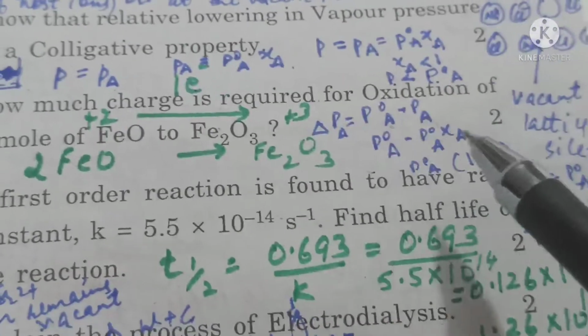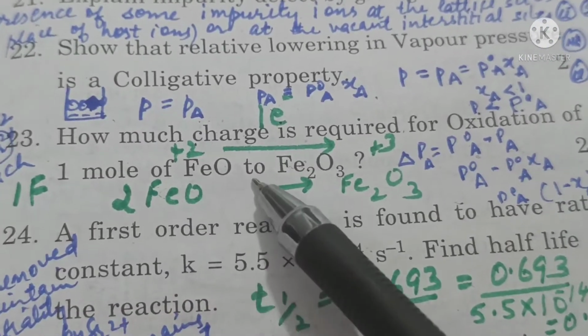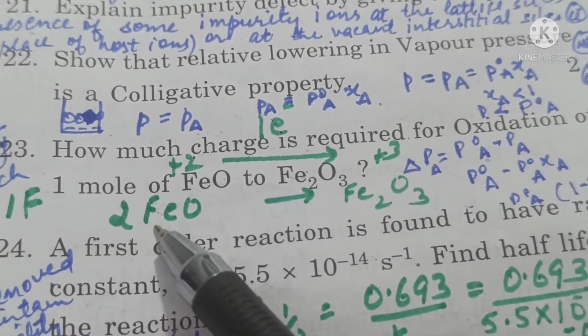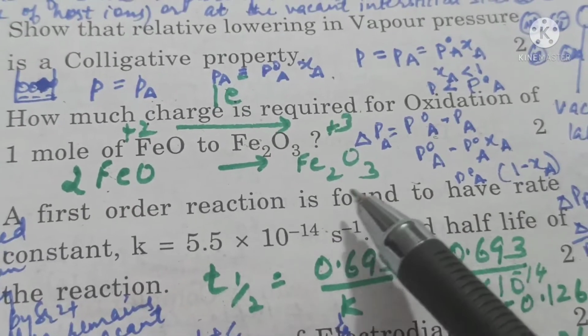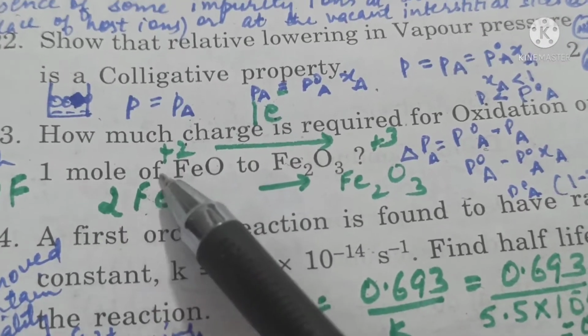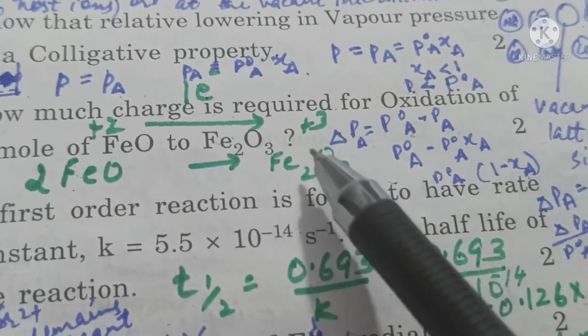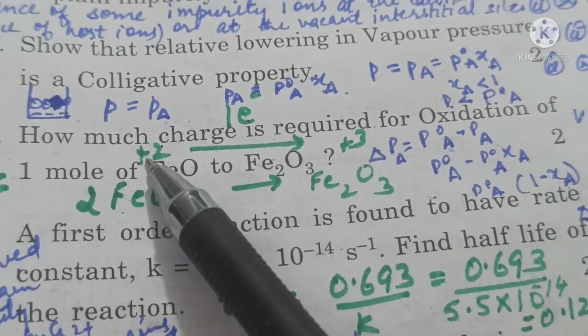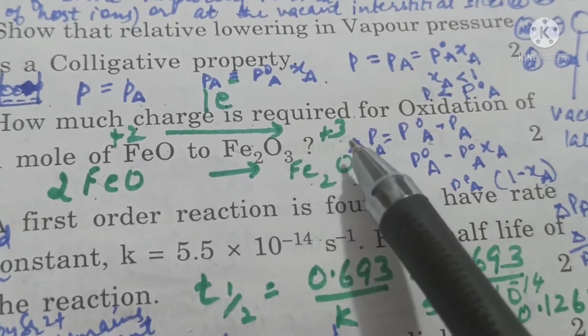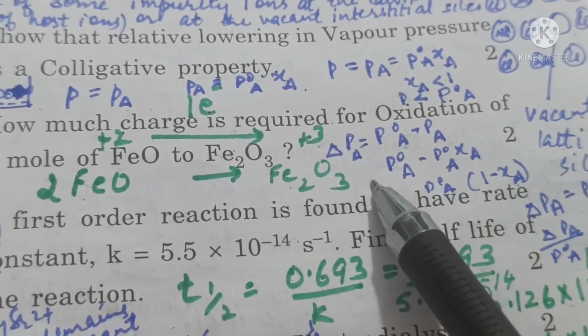How much charge is required for oxidation of 1 mole of FeO to Fe2O3? So for that, let's write out the equation. FeO changes to Fe2O3. Now in FeO, the oxidation state of iron is +2. In Fe2O3, it is +3. That is, 1 iron changes to 1 ferric by giving 1 electron.